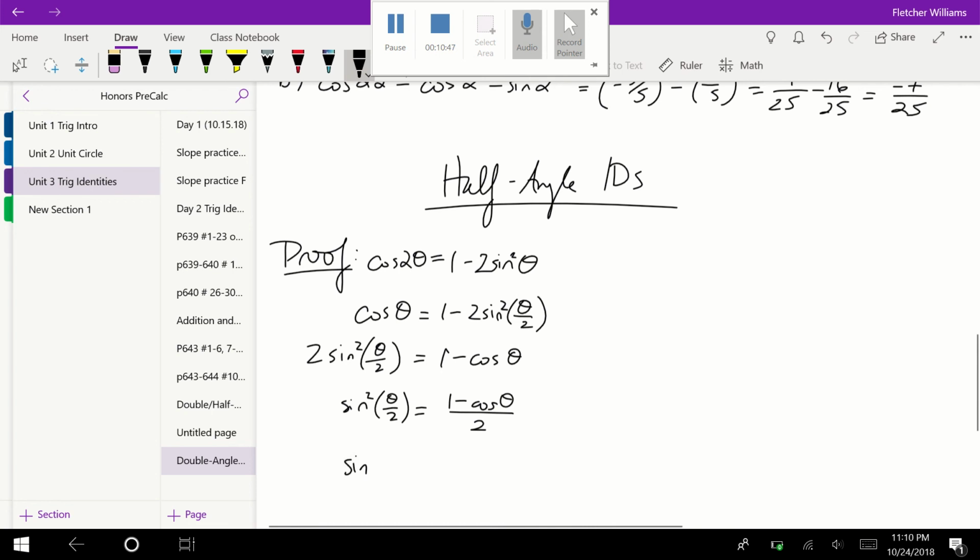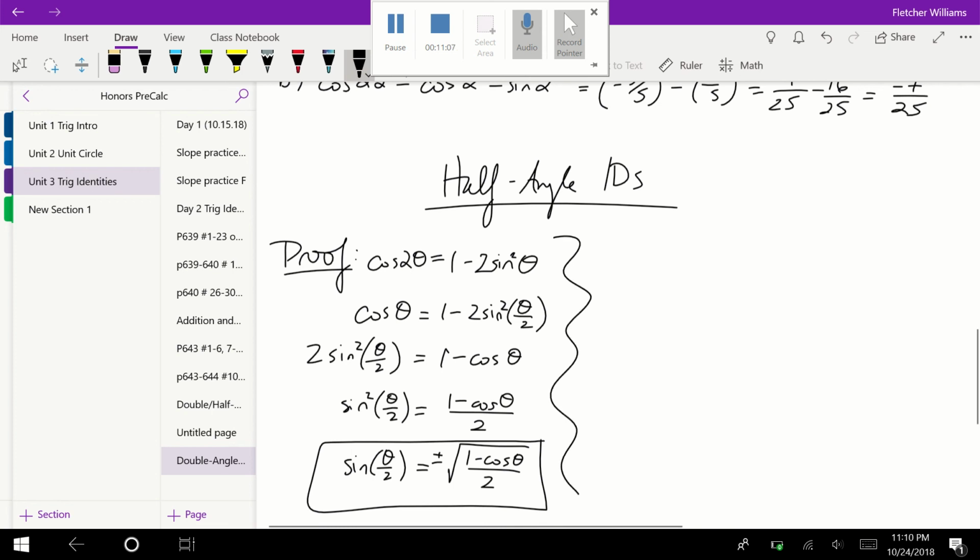Take the square root. And you are left with this as your identity. Okay. So that's the sine half angle.